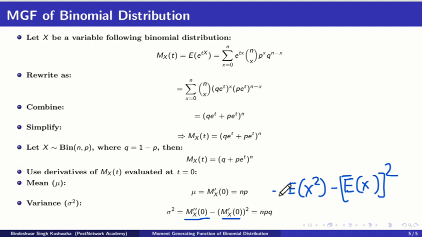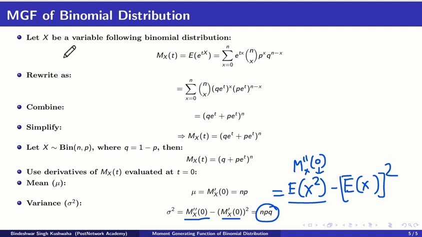Differentiate the moment generating function 2 times and put t equal to 0. You will get this expression, and if you plug in the values, you will get npq. The same way you can get other moments if you want.